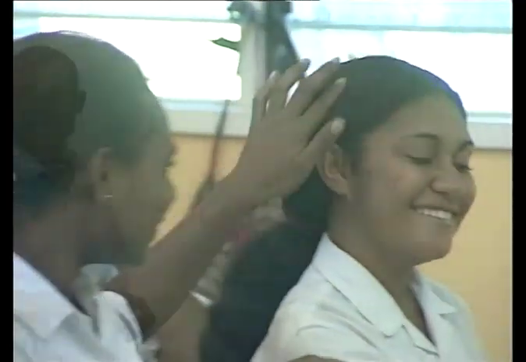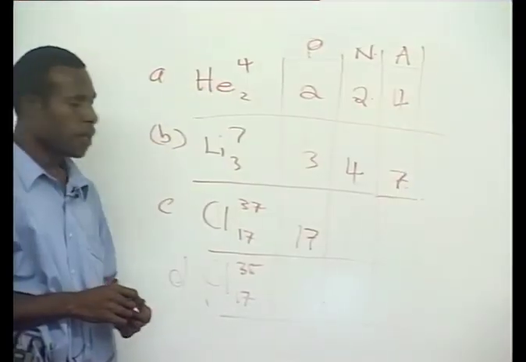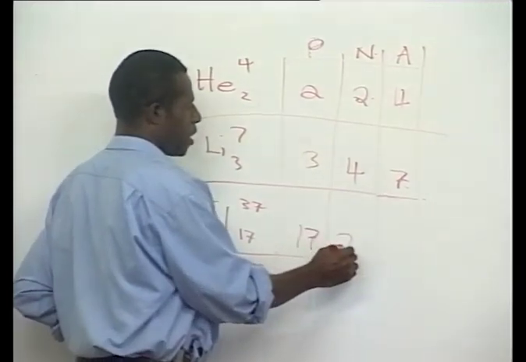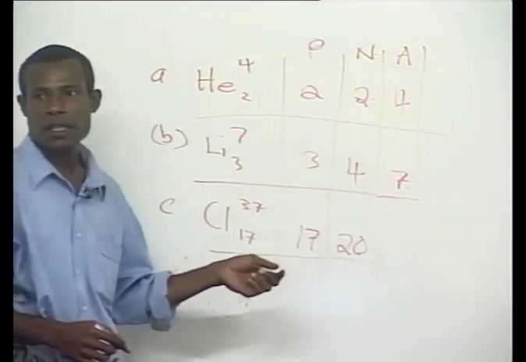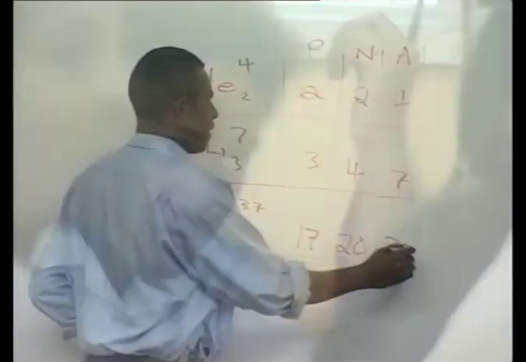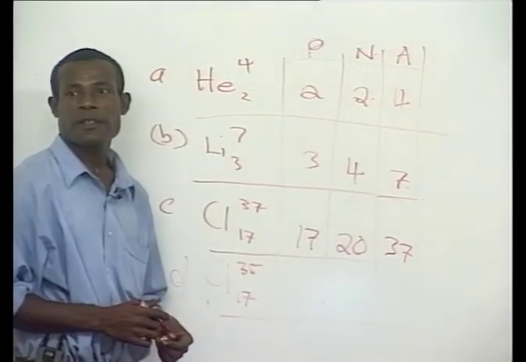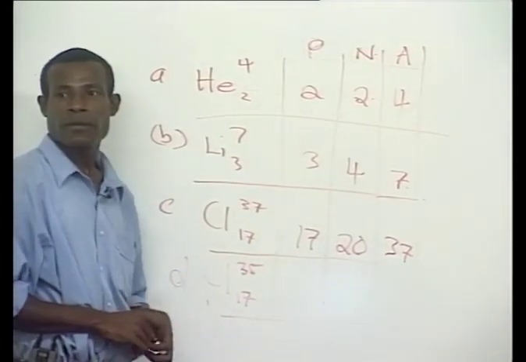What is the proton? 17. Okay, 17. And this one will be 20. That is 20 and 37. What about this? 17.